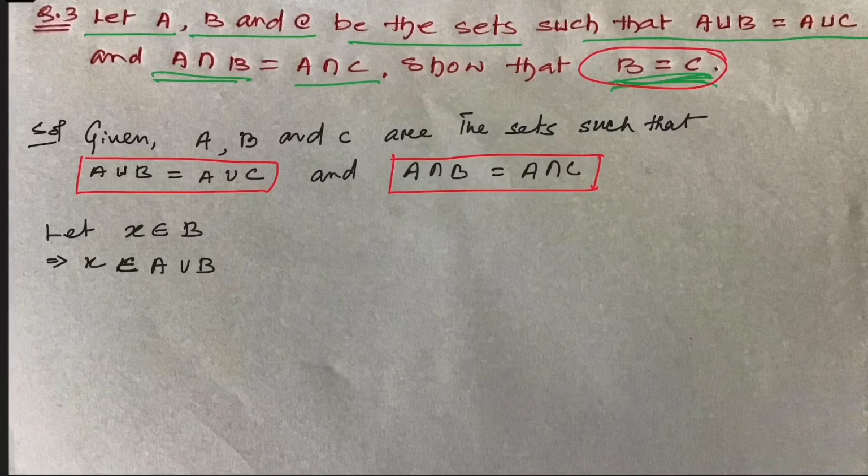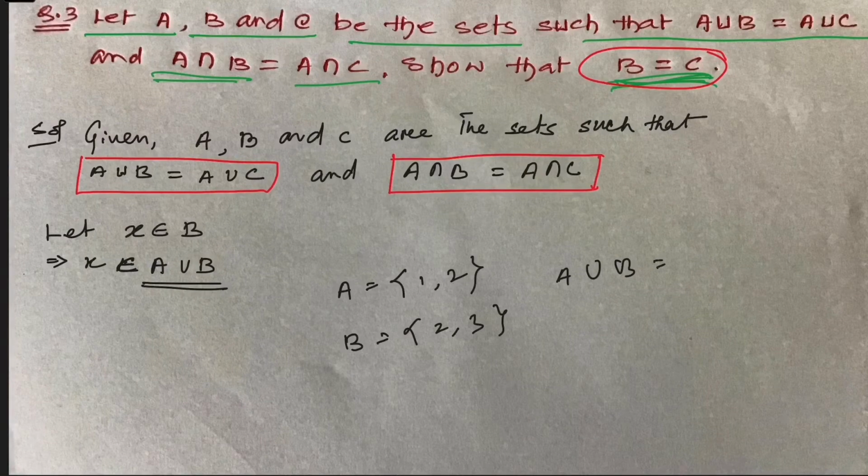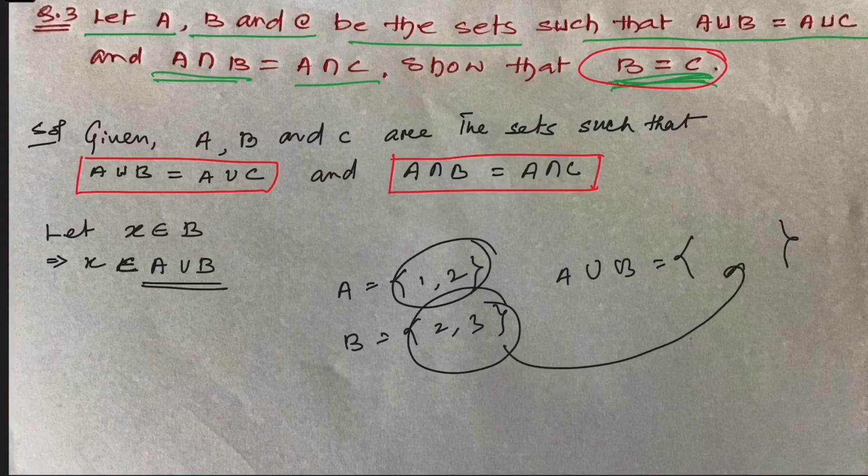Now let me tell you why, as X belongs to B. Suppose we have two sets, A containing 1, 2 and B containing 2, 3. When we find A union B, we take all the elements in sets A and B, that is 1, 2, 3.